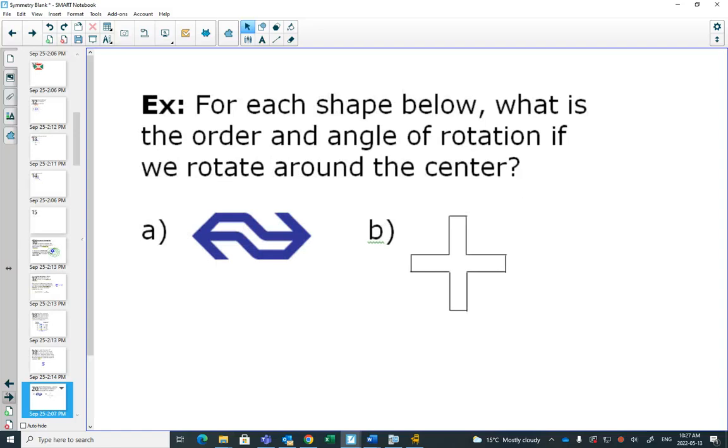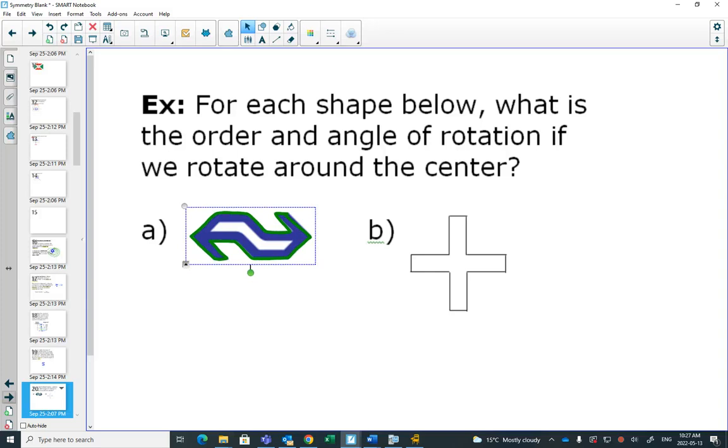Because sometimes it's hard to figure out whether it actually has rotational symmetry unless you take a piece of paper, I'm going to trace this out. Okay. Take the paper, I'm going to rotate it 180.